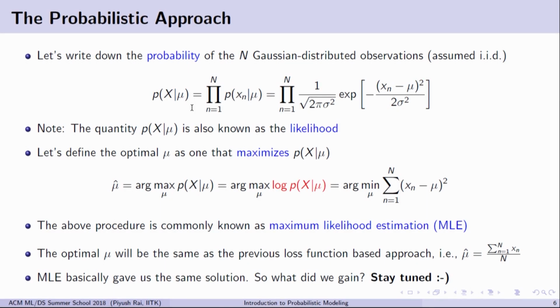So I defined that P of xn given mu is a Gaussian distribution, right? So the PDF, if we go back to the previous slide. Right. So each observation, P of xn given mu, is a Gaussian distribution. So we have n observations, and each observation is coming from the same Gaussian distribution, which is why we have a product over these n quantities.